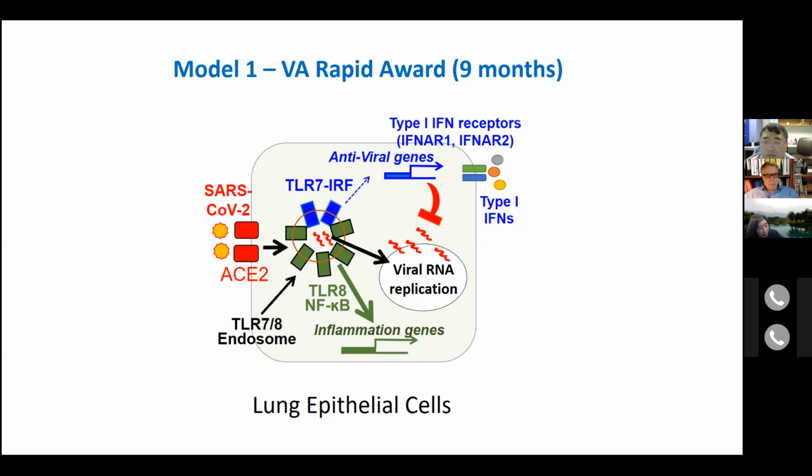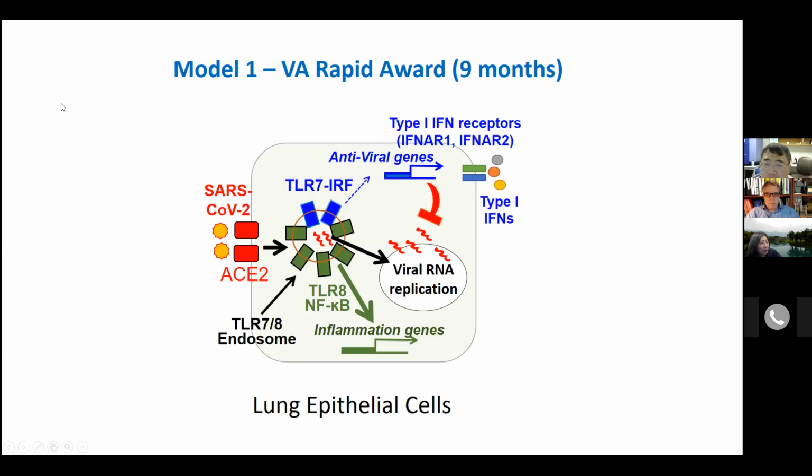But as I remember, in older individuals, instead of going through TLR7, the epithelial cell tends to go through the TLR8 pathway, which is NF-kappa B. And that NF-kappa B is an inflammation gene it triggers, instead of the TLR7 IRF pathway, which is an antiviral gene. So unfortunately, some individuals did not go through this IRF.